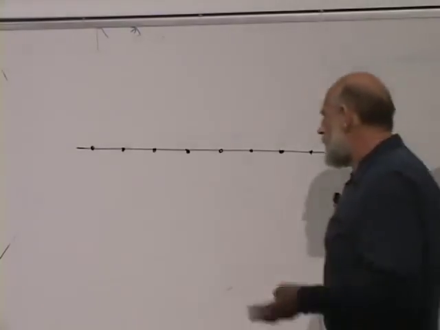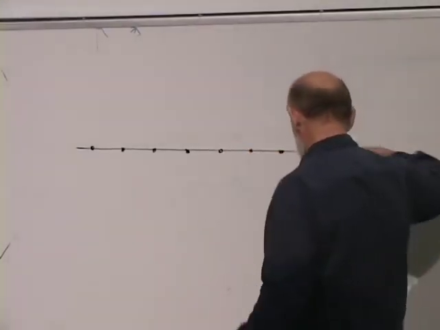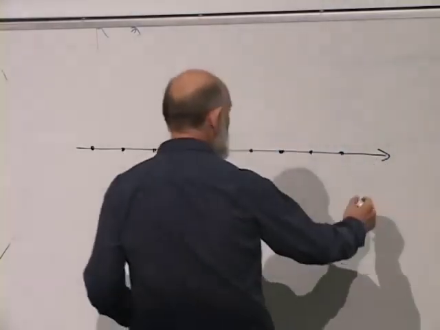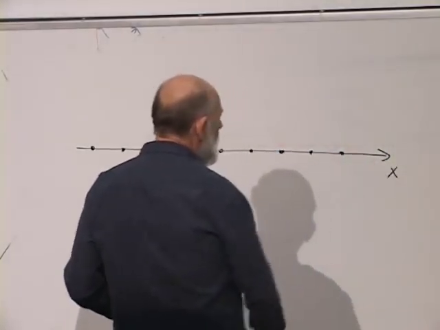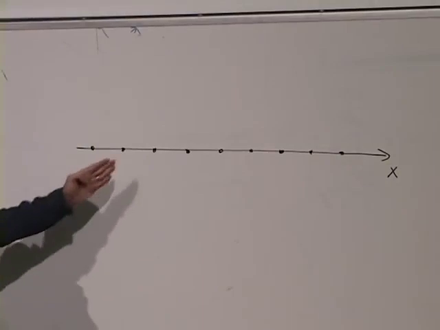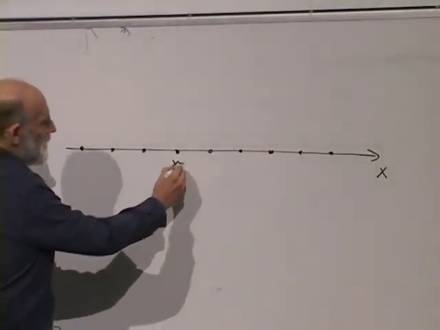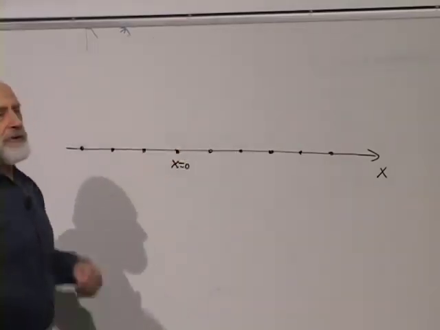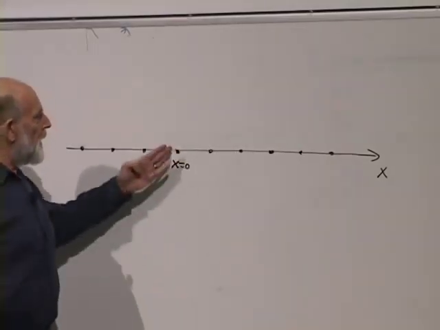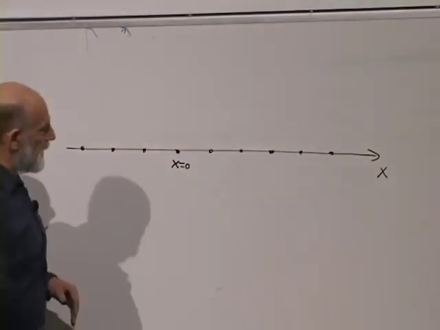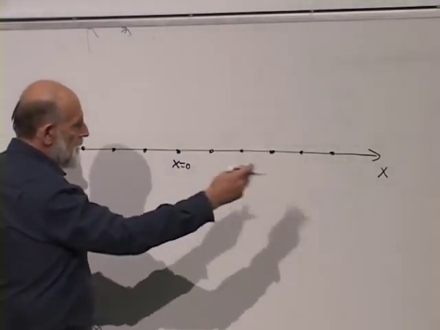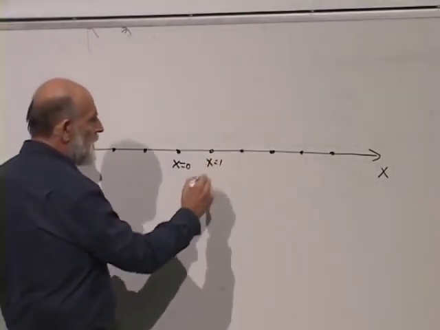Okay. Now, the first question is, let's label a line with a coordinate which in this particular case just measures off, this is x equals 0, and let's use the presence of these galaxies to define a coordinate so that by definition the next galaxy over is x equals 1.